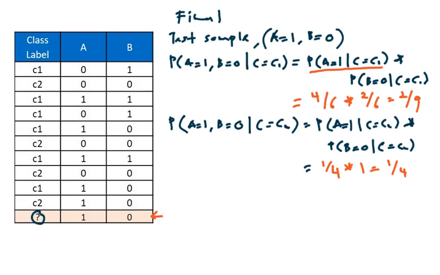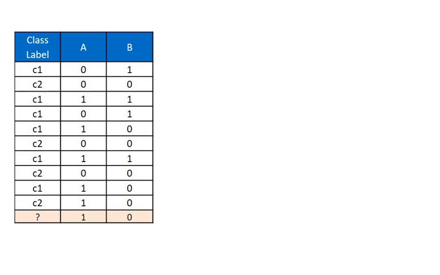Right. So what we are trying to do now is find the probability of C equals C1 given A equals 1 and B equals 0.